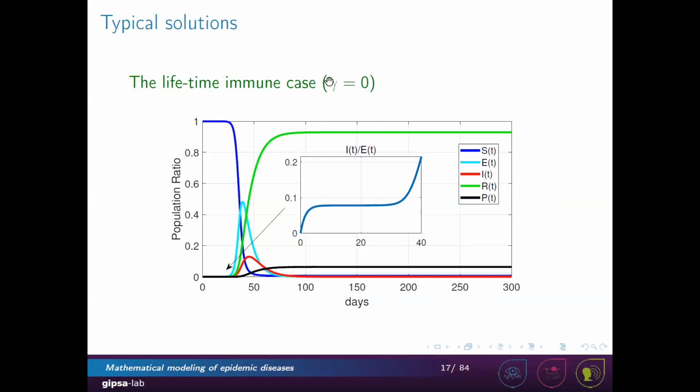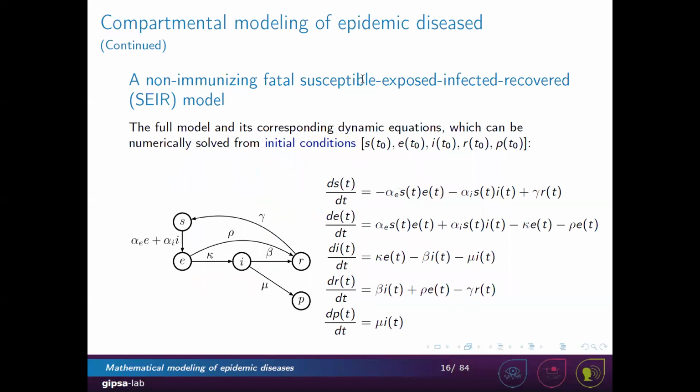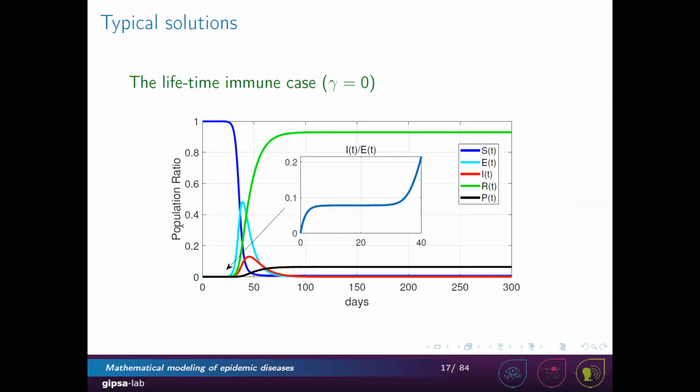In this example, I've assumed that gamma is equal to 0. Gamma was the rate of exit from the recovery to the susceptible group. So by assuming gamma equals 0, we are assuming that the illness is sort of immunizing, and whoever recovers from the illness will no longer be susceptible.